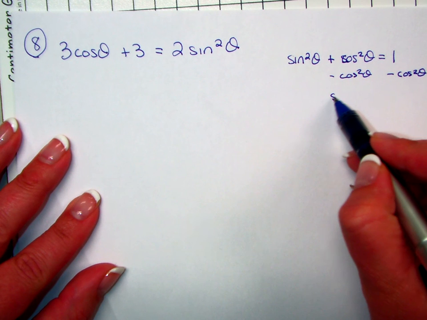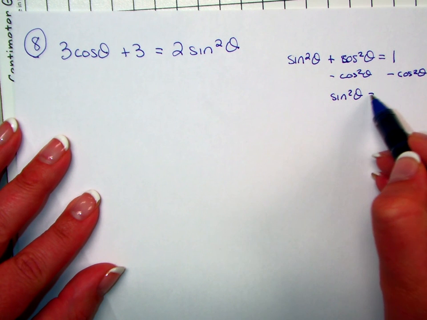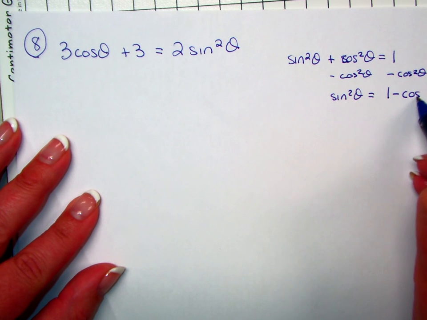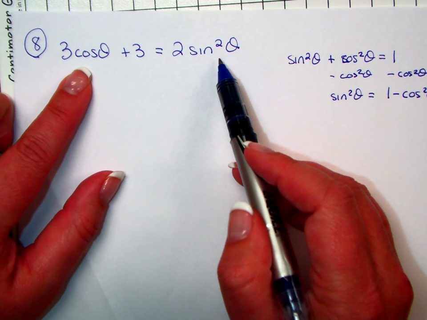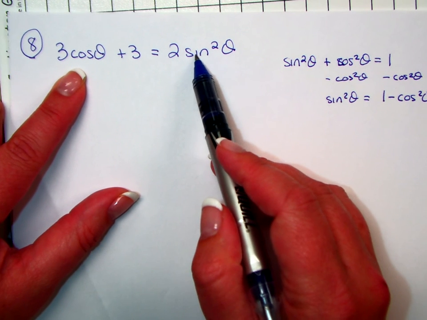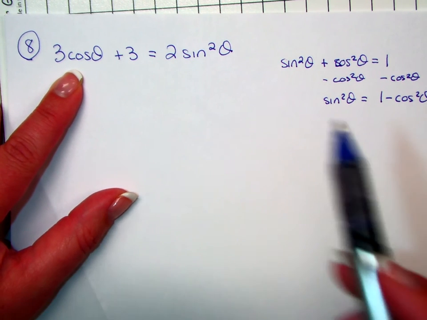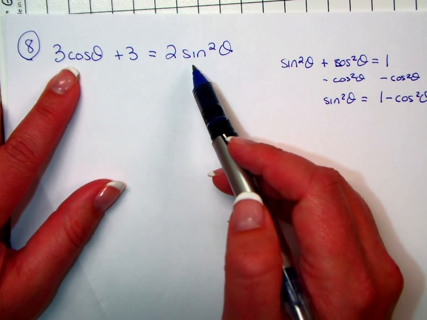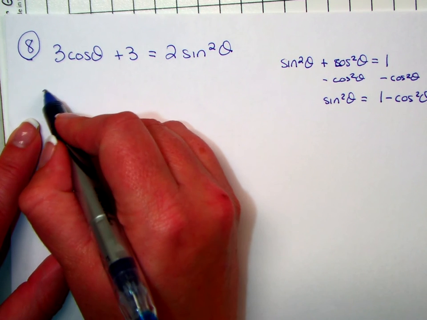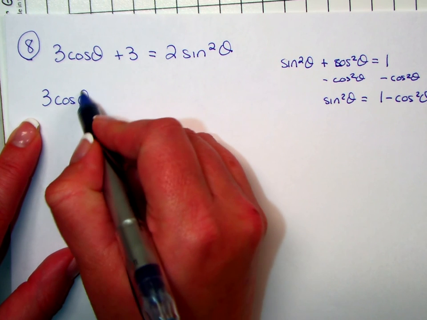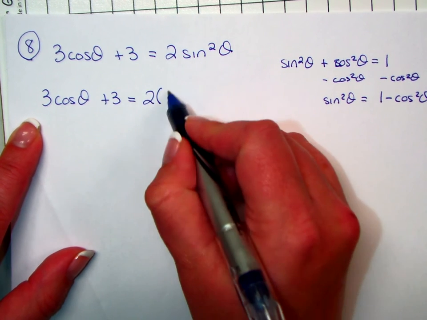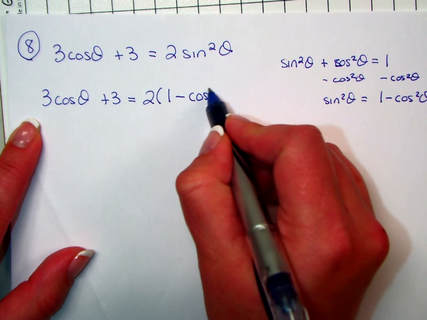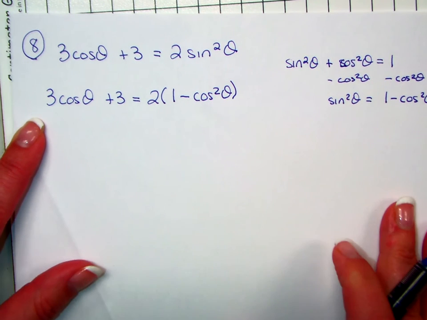And I get sine squared theta equals 1 minus cosine squared theta. I can do that for the sine squared, but I can't do that for the cosine. So I'm going to replace sine squared with 1 minus cosine squared, just so I have the same trig function. So I'm going to get 3 cosine theta plus 3 equals 2 times 1 minus cosine squared.